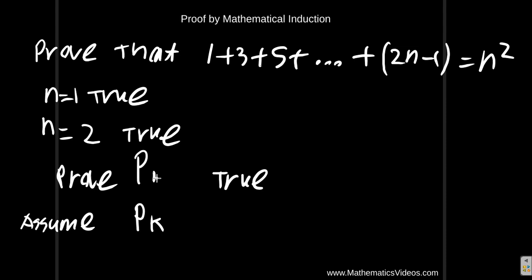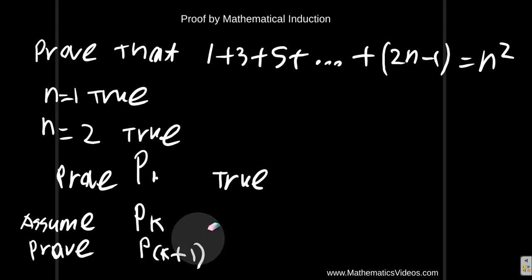But no, it's not complete yet. You need to prove that the statement is true for the next number in line. The number after k, Pk, would be Pk plus 1. You prove it is true for Pk plus 1. Pk plus 1 follows k. Alright?